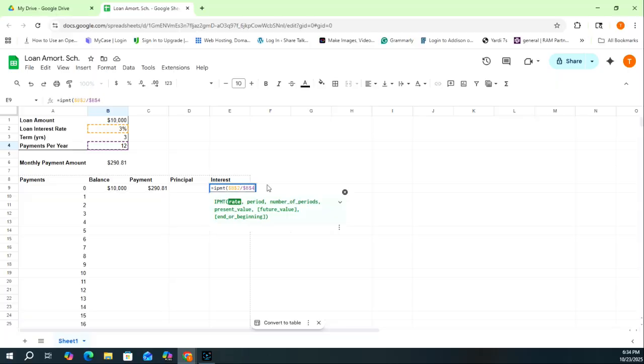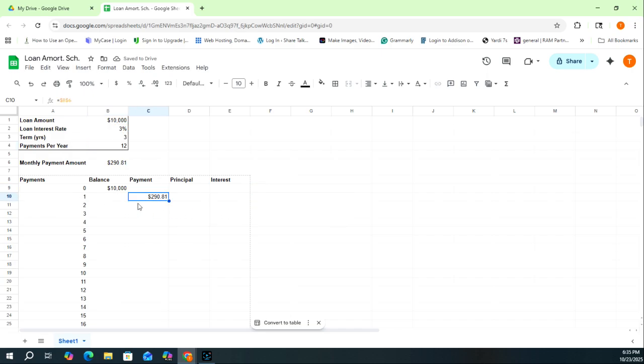Next, I need the period. I'm going to move all this down, because I want the first payment to occur here. So for the interest, I'm going to use the IPMT function, which is just calculating the interest portion of our monthly payment. The rate is 3% divided by 12.